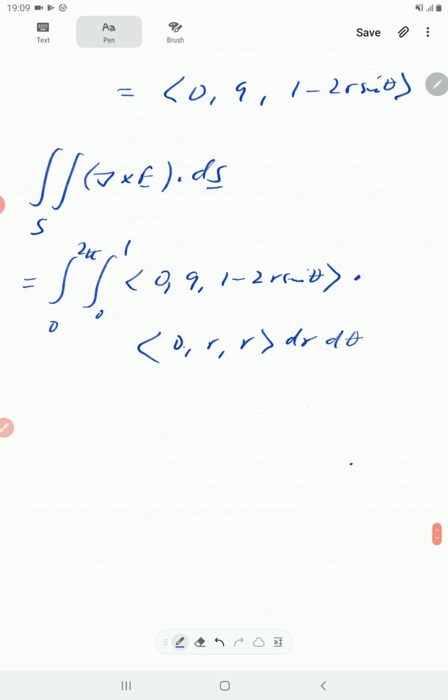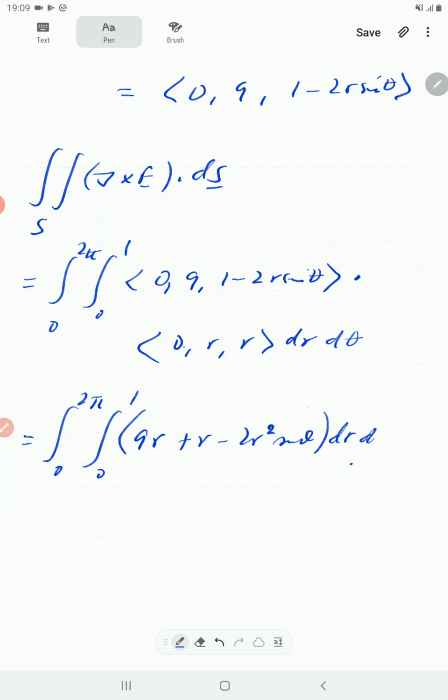If we multiply out here, just do the dot product, it's going to be 9r plus r minus 2r squared sine theta dr d theta.